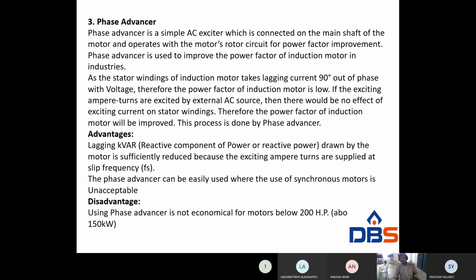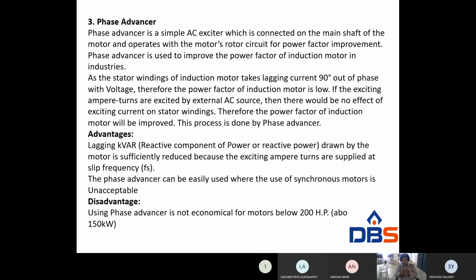Generally, in a static capacitor or synchronous condenser, a capacitor is connected across the load or equipment, so the leading current of the capacitor neutralizes the lagging current of the equipment, and the power factor of the total equipment becomes nearly equal to unity.